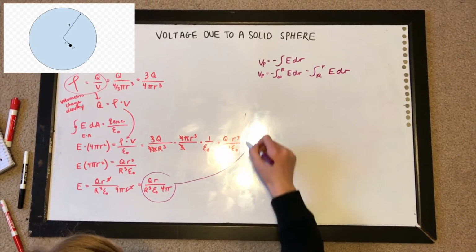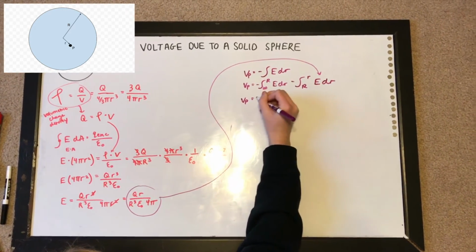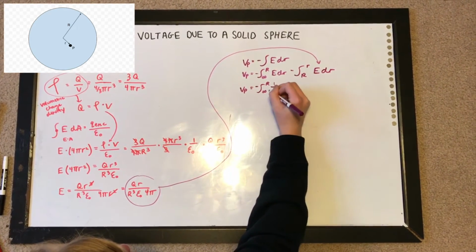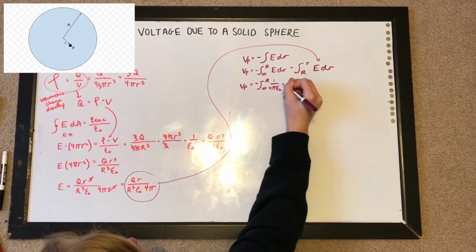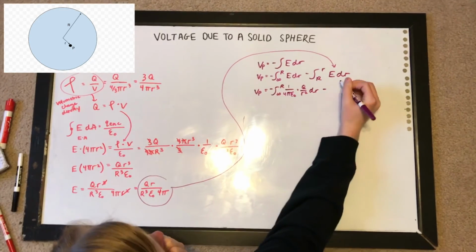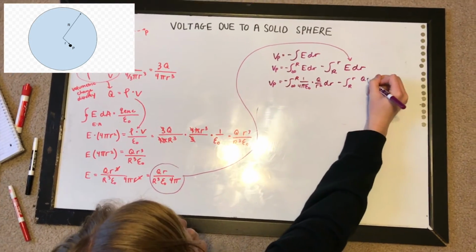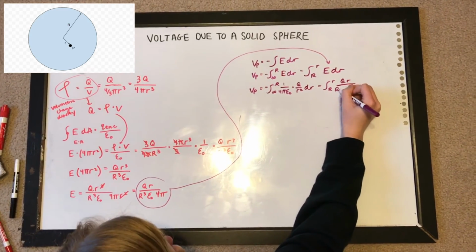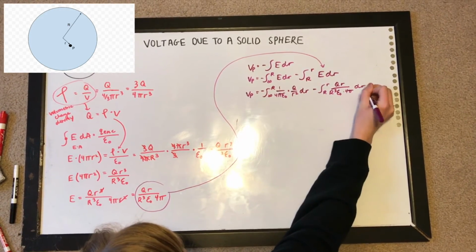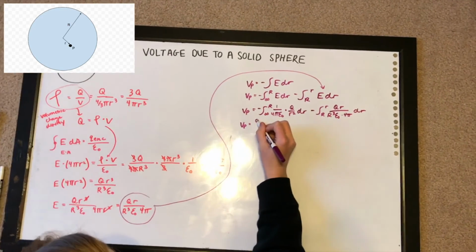What we just derived is the electric field inside the sphere, and outside the sphere we just use the normal equation for the electric field, which is 1 over 4 pi E naught times Q over r squared dr. And then we subtract the integral from big R to little r of what we just derived, Q r over big R cubed E naught 4 pi dr.